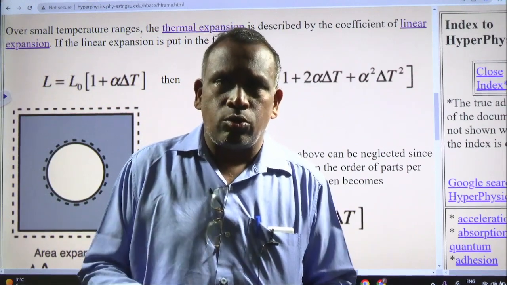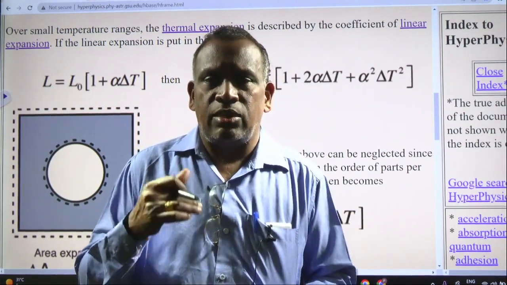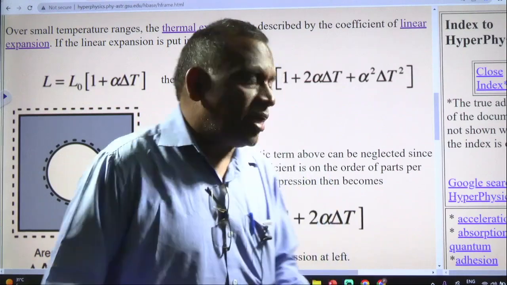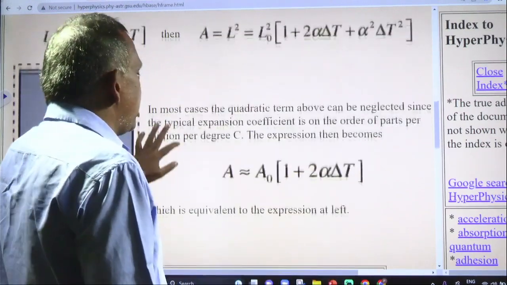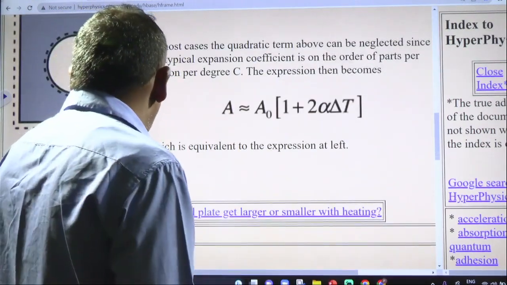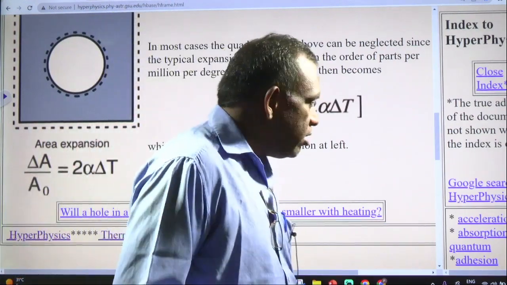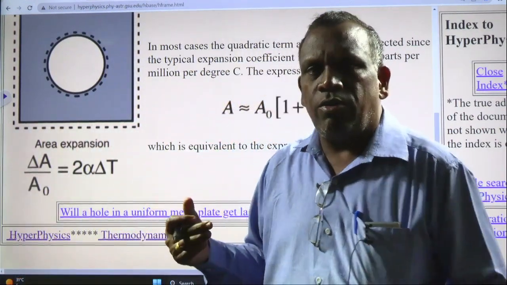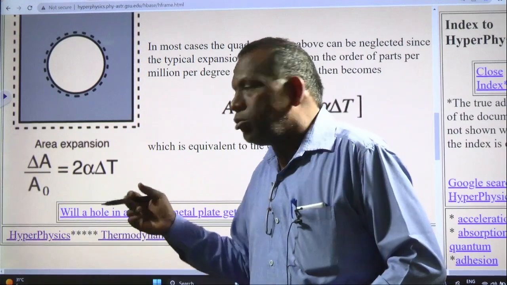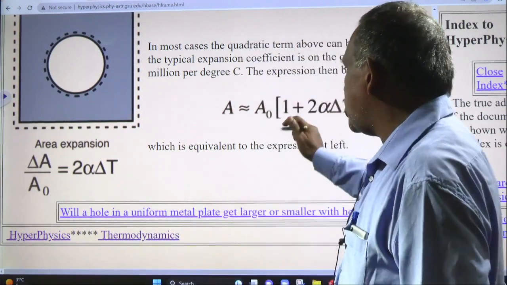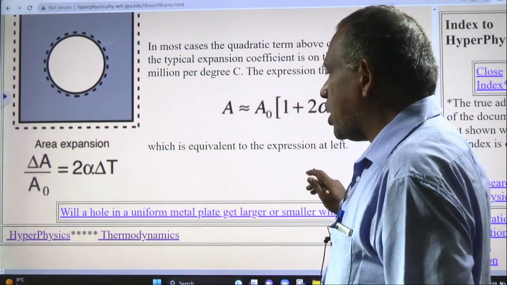Beta is equal to 2 alpha. This is the coefficient of areal expansion. Coefficient of areal expansion is beta. So beta values depend upon alpha only. Beta is approximately equal to 2 alpha according to this calculation.